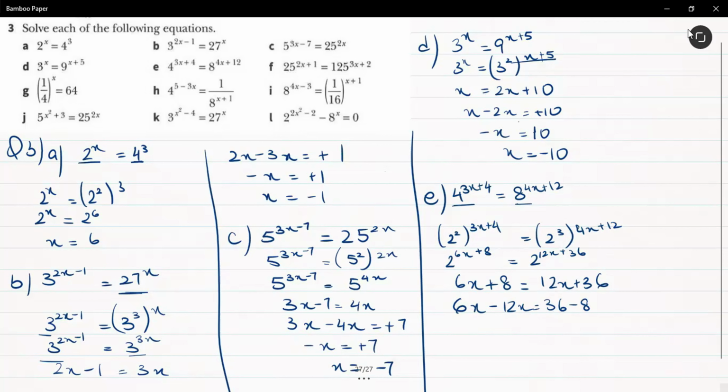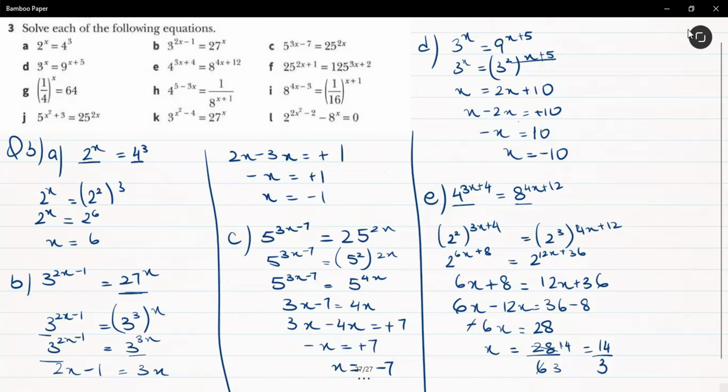This is negative 6x is equal to 36 minus 8, which is 28. Cutting this down, x is equal to 28 over 6. You could further simplify this by dividing both by 2, which is going to be equal to 14 over 3.